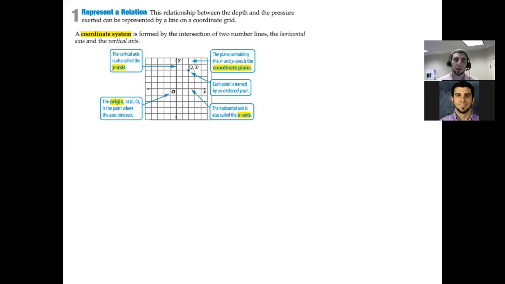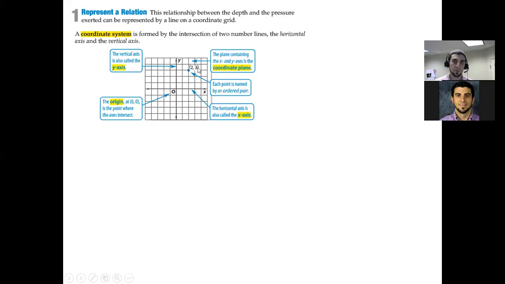The coordinate plane is the square formed by the intersection of the x and y axis. Now you have two dimensions, and you can go different places on that plane. Each point is named by an ordered pair. The first number, again, alphabetical, is how many units you moved in the x direction to get to that point. So we moved 2 units to the right.